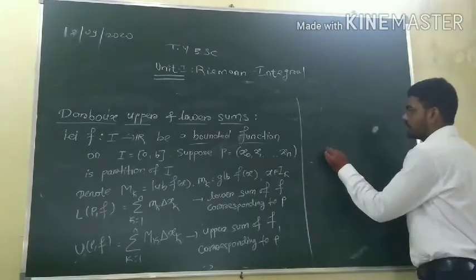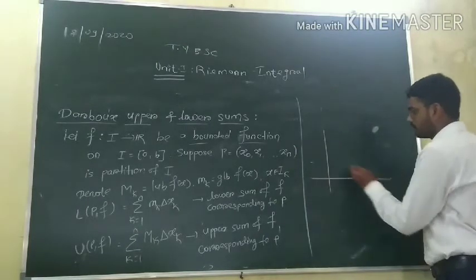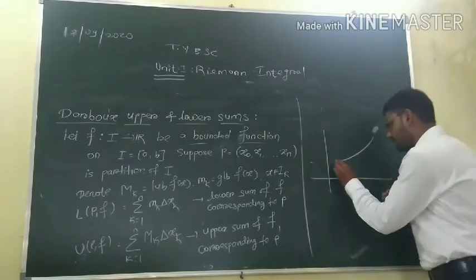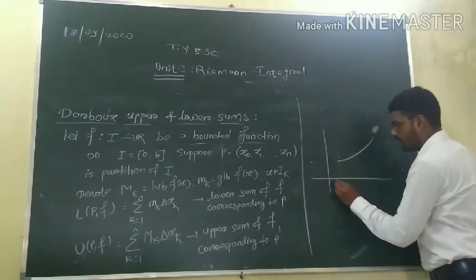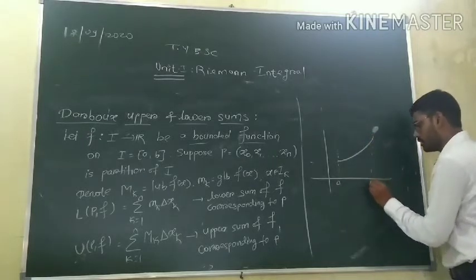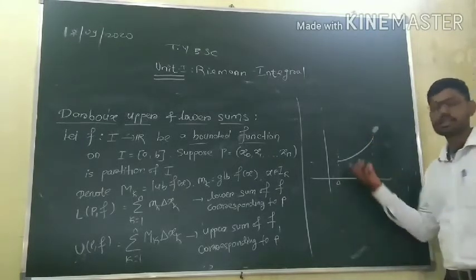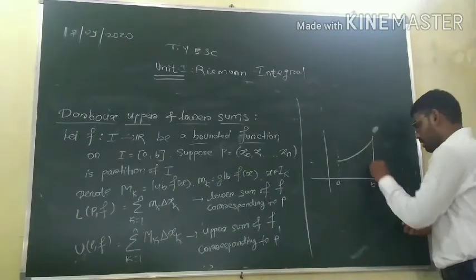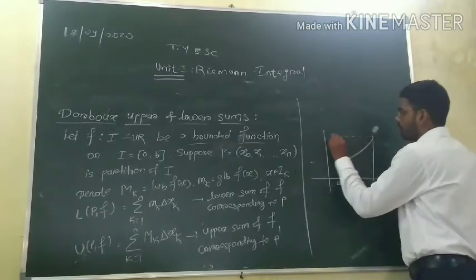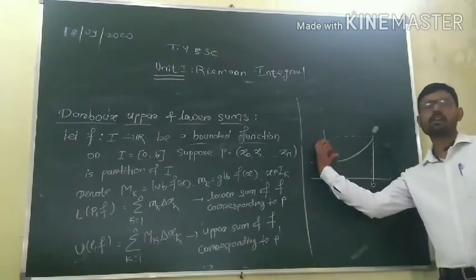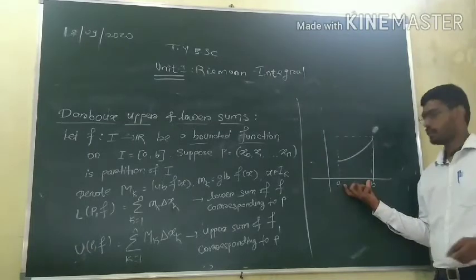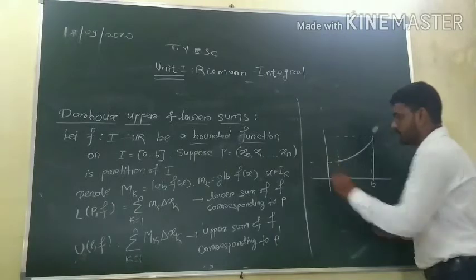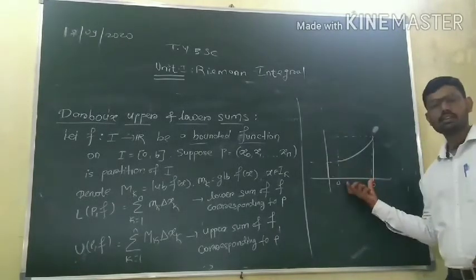Suppose this is the graph of the function, and this is our interval a to b. In this interval the function is bounded: this is the upper bound, the maximum value of the function in this interval, and this is the minimum value of the function in this interval.